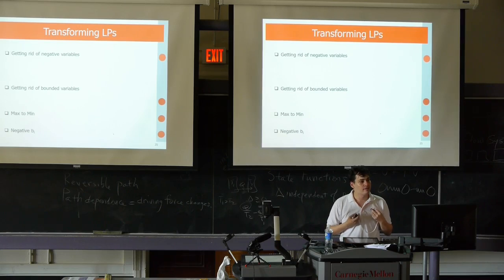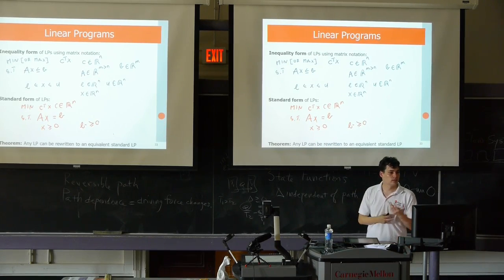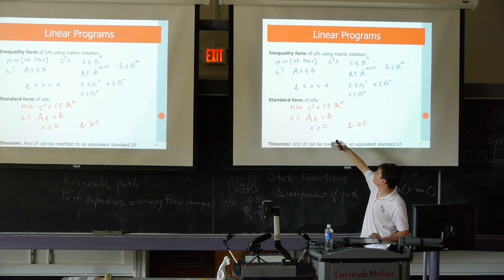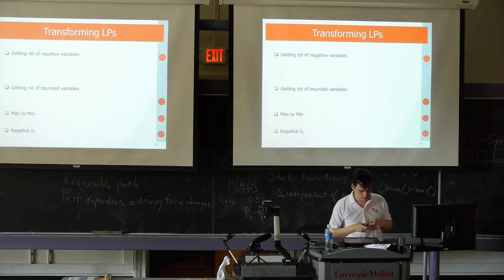Okay, so how can we get rid of negative variables? Here we have this very strict condition that all the variables have to be non-negative. But in the original form, we just had some bounds, right? So what can we do if, say, in the original problem we had that x is a real number?